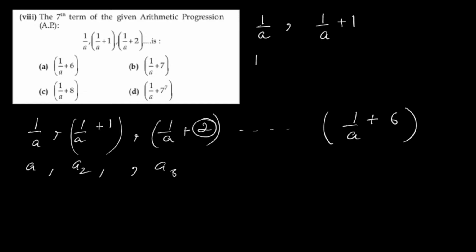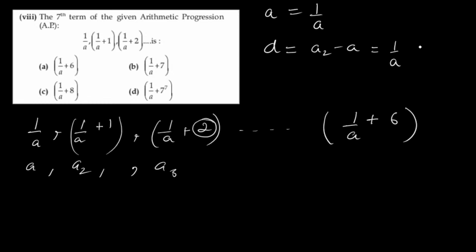And if you want to go with the formula, that also I'll show you, because anyway in MCQs we can do shortcuts, as you don't have to do the working out. So here a is equal to 1 by A. d we can find: d is equal to a2 minus a. So a2 is 1 by A plus 1 minus a.